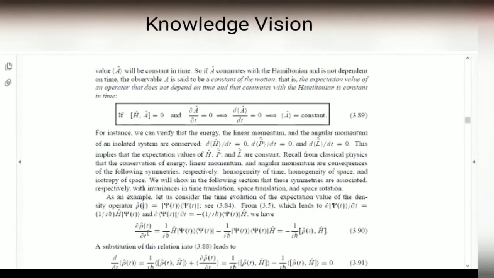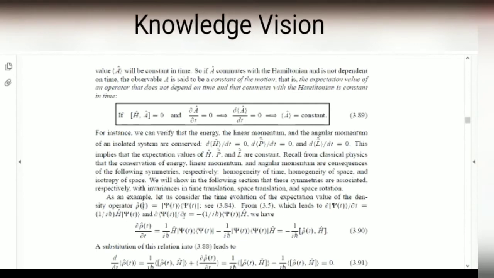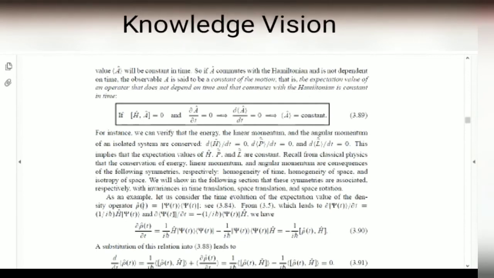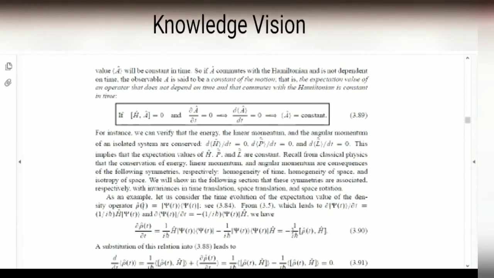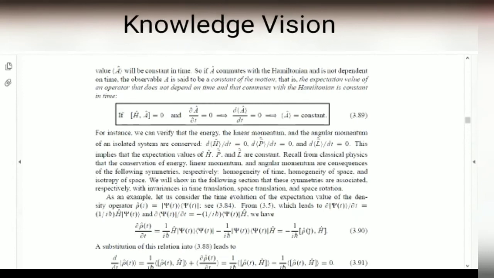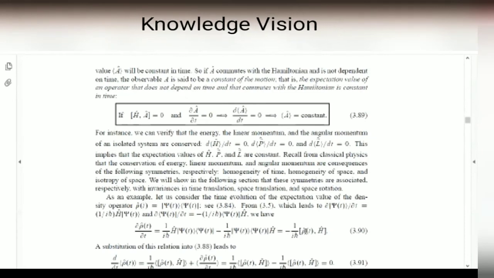If we take the derivative of the first and then the second, and use the time dependent Schrodinger wave equation, then we have this form, and then we get the relation minus 1 over i h bar, commutator of rho(t) and H. It means rather than writing any observable A, we are writing the probability density rho, and rho is an observable here.